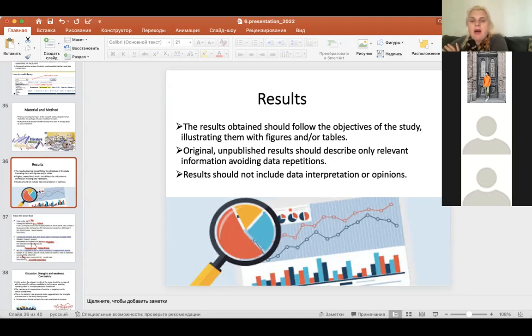But sometimes it's very difficult. Original and published results should describe only relevant information, avoiding data repetitions. Results should not include data interpretation or opinions.